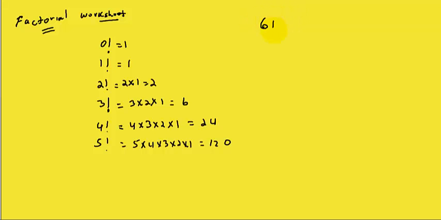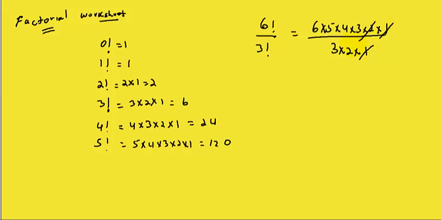Let's say 6 factorial divided by 3 factorial. You can write this out the long way. You can go 6 times 5 times 4 times 3 times 2 times 1, and then on the bottom 3 times 2 times 1, where the 1's reduce off, 2's reduce off, and 3's reduce off.